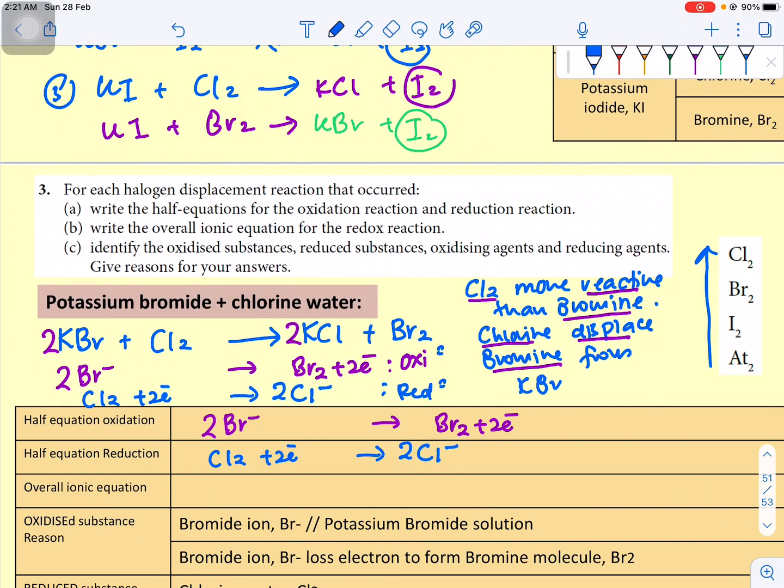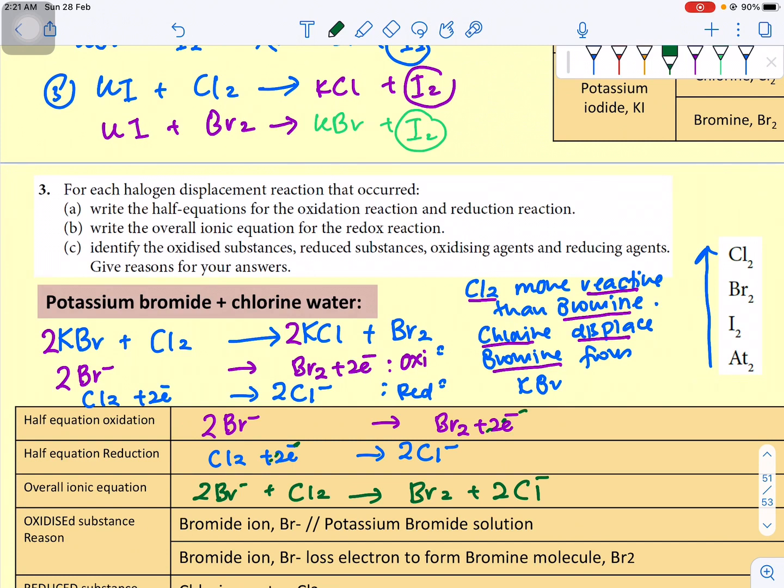And then overall ionic equation, we just check the electron. So electron dah sama banyak, 2 and 2, we just cancel the electron. Copy kiri sama kiri, kanan sama kanan. So 2Br negative plus Cl2 turns to Br2 plus 2Cl negative.